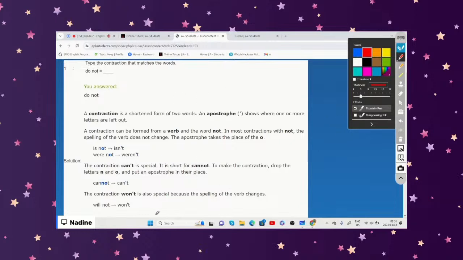And then we also have the contraction won't. Once again, we say that this is special because the spelling changes.